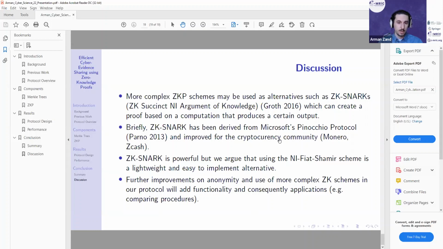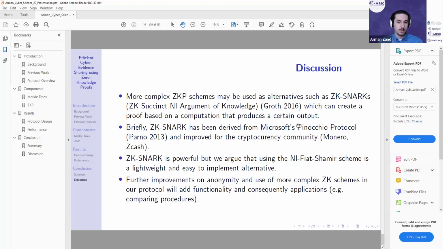And now ZKP schemes can also be a bit more complex than the one that I've shown, such as the zero knowledge proof scheme called the ZK-SNARK, and that stands for zero knowledge succinct non-interactive argument of knowledge. So it's quite a mouthful, but essentially it creates the proof based on the computation that produces a certain output. So that means that you can compare a procedure and its output without revealing what it was.